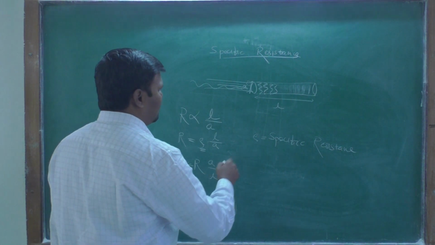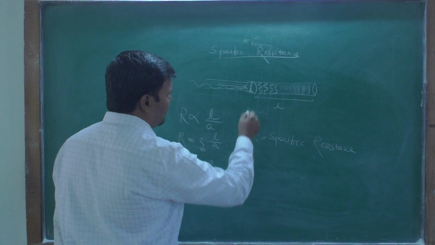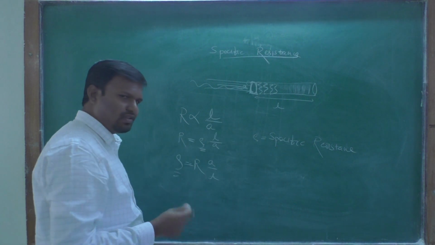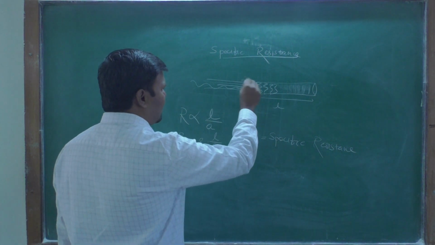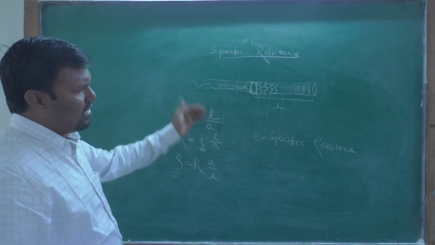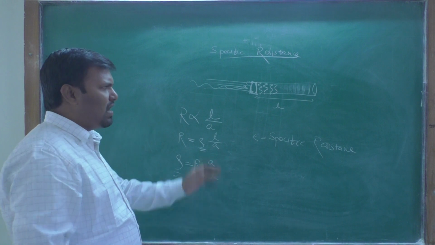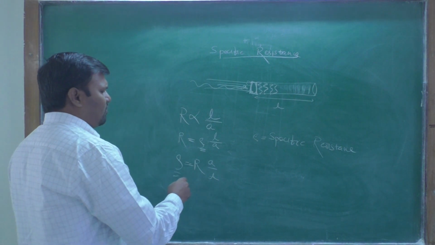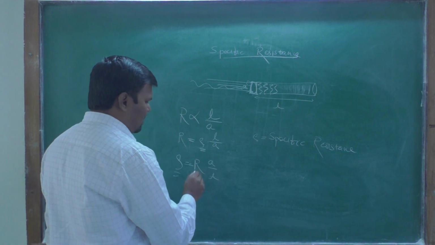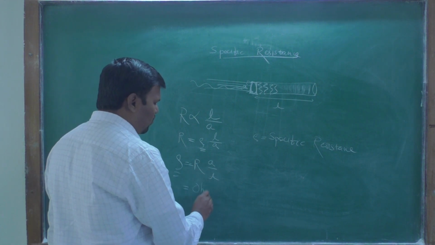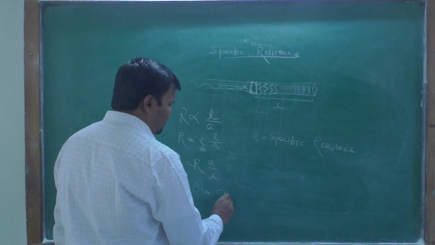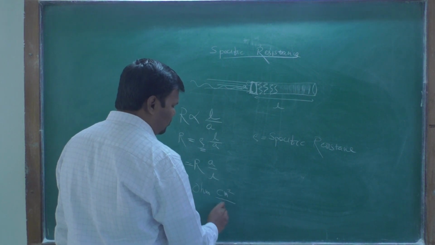The cross-sectional area, if it is a cube, is centimeter into centimeter. Area is given by length times height. Resistance R is in ohm, area is in centimeter square, and length is in centimeter.